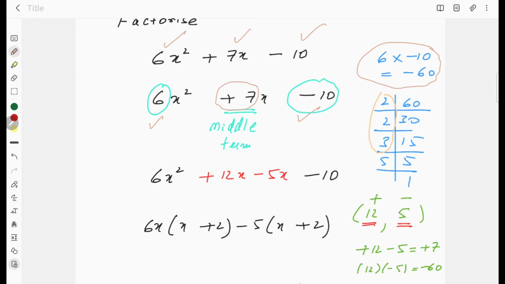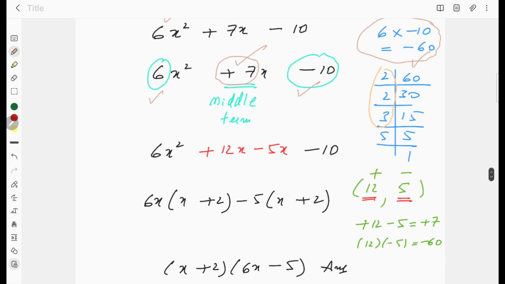You have to find a set of two numbers such that when you multiply you get minus 60, and when you simplify, meaning add or subtract, you will get plus 7. So you can see it is a trial and error method. You can try a number of combinations.